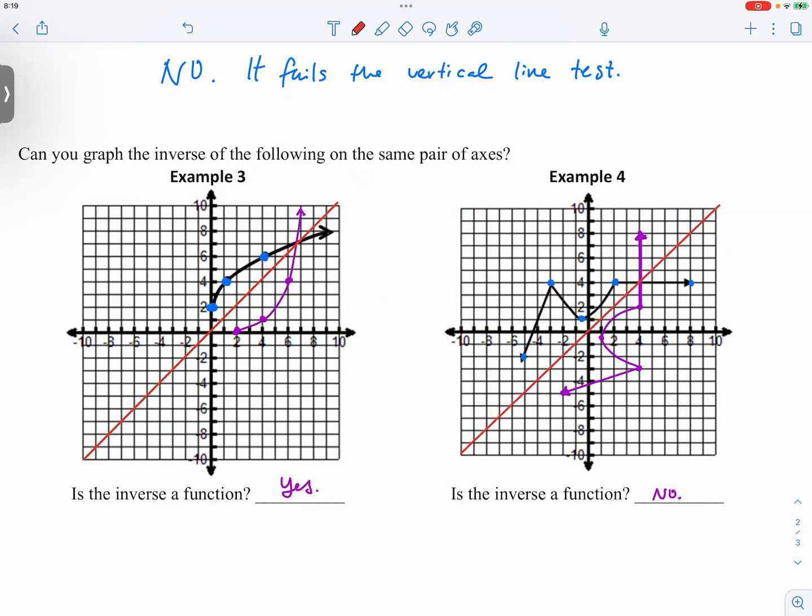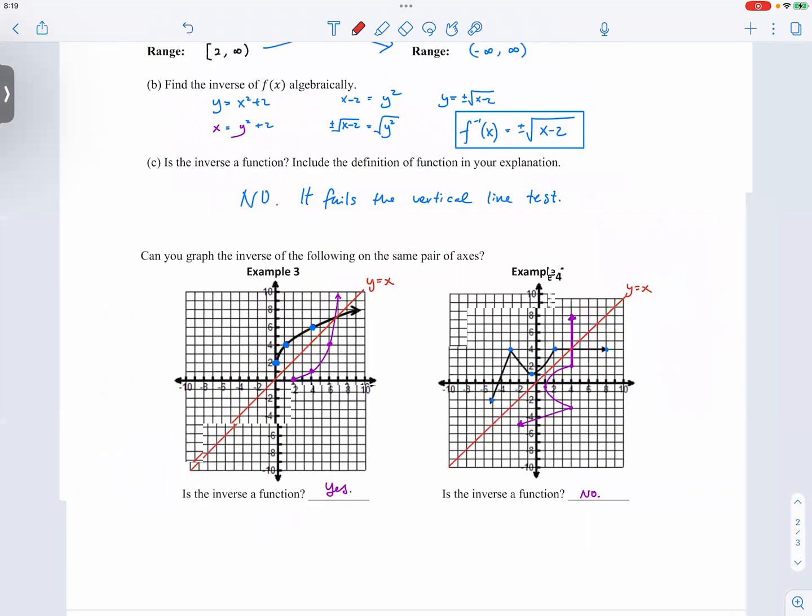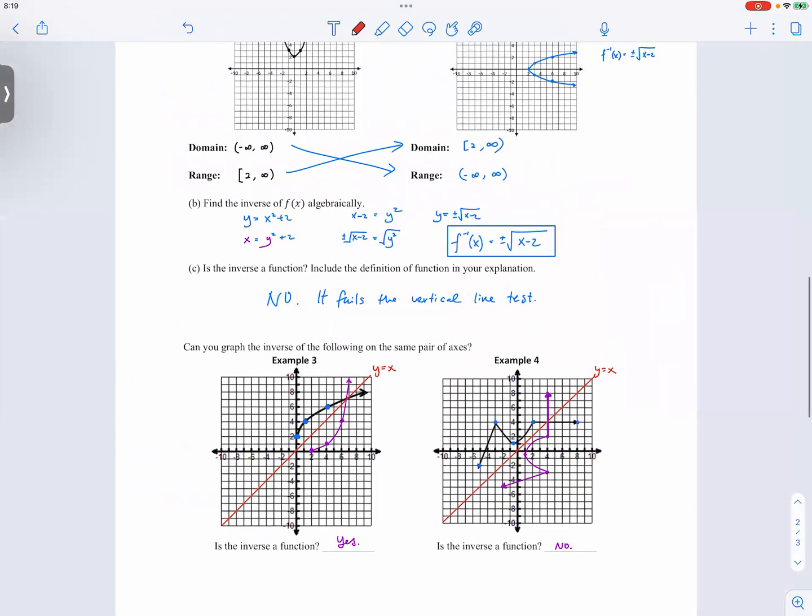So if you overlay the original function and its inverse, they are always shown as a reflected image over y = x. So we have a couple of ways to tell if something is an inverse or not. First, to find the inverse, you can simply swap the x and y values of the coordinates.